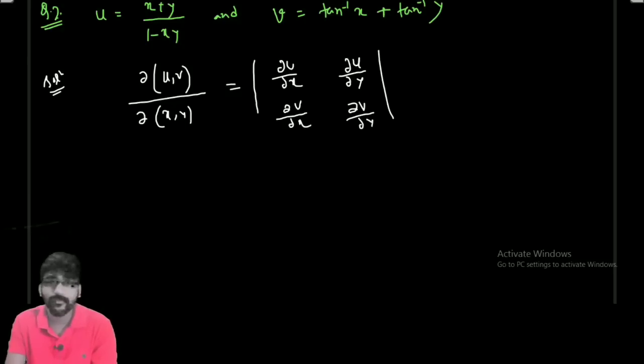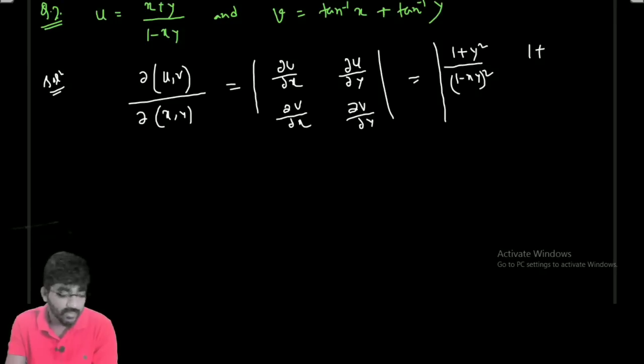I am giving you the result only, and this is very easy, just partial differentiation. Then you will get del u by del y, that is 1 plus x square divided by 1 minus xy whole square.